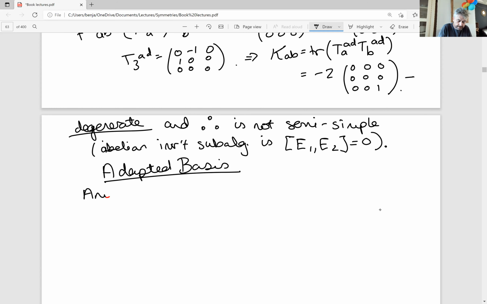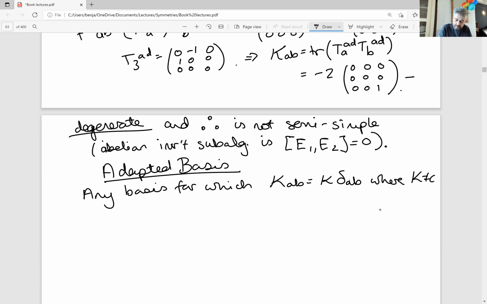So any basis for which kappa_AB is some number times delta_AB, like the Lie algebra of SU(2) example above, is called an adapted basis.